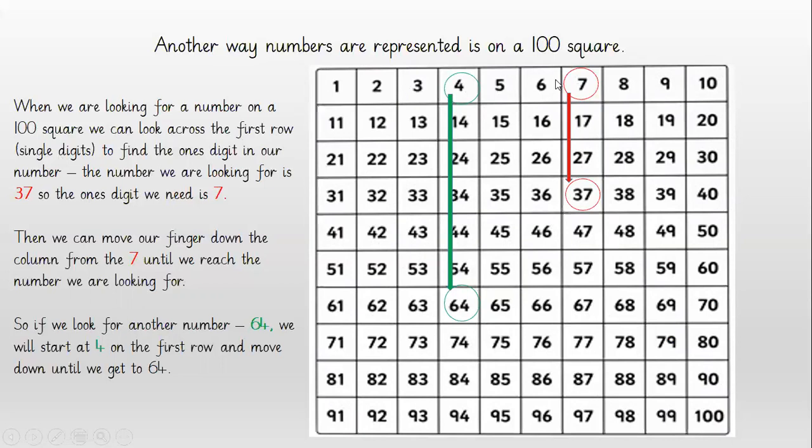I'm going across and I find 7. And if I go down, I can find my number that I'm looking for. So I'm not searching all over the 100 square. If I do 64, my ones digit is 4. So I look for 4 and I go down until I find 64. That's an easy way to find a 2-digit number on a 100 square.